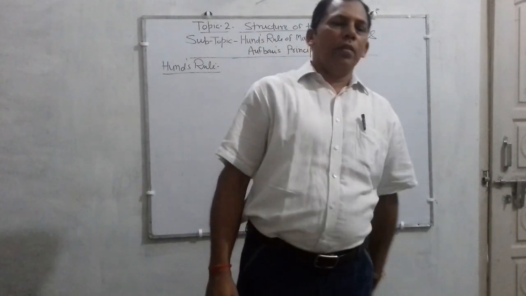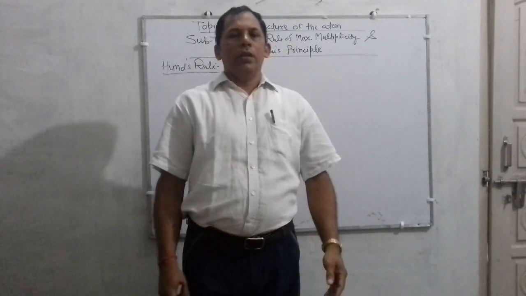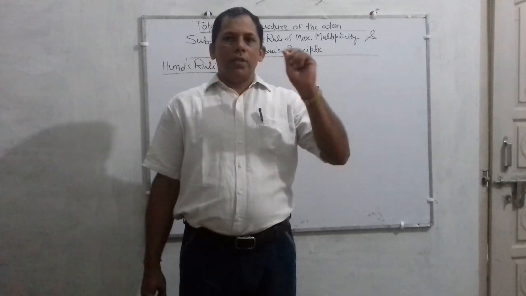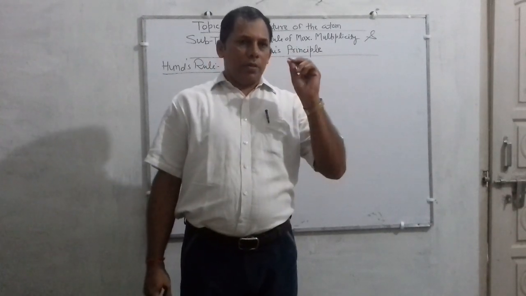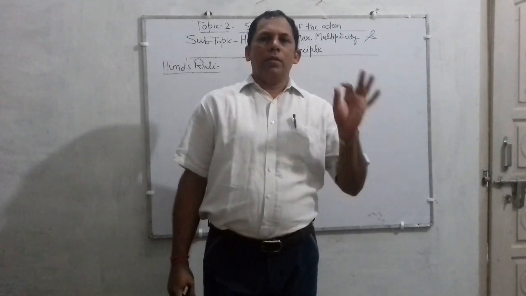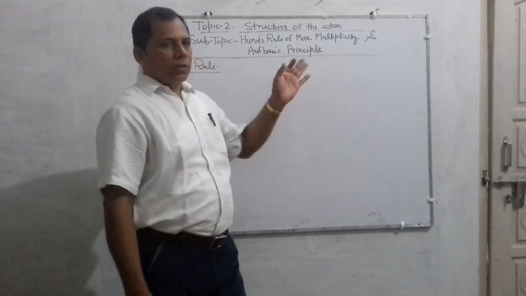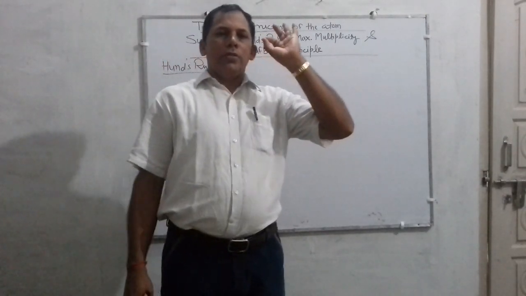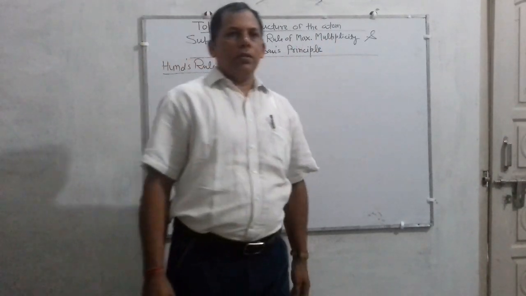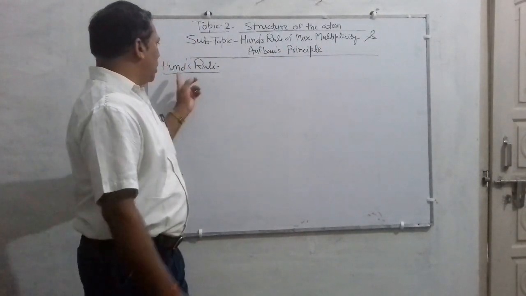After completing these two principles, we will revise using the questions given in your NCERT book, concerned with any point of the chapter. Alright? So let's start with Hund's rule of maximum multiplicity.